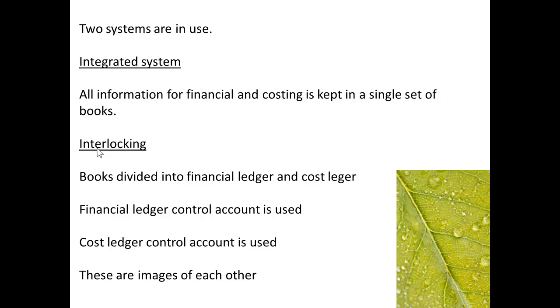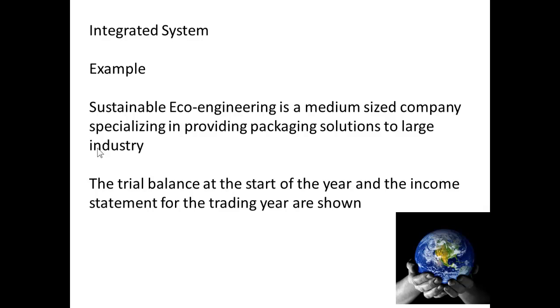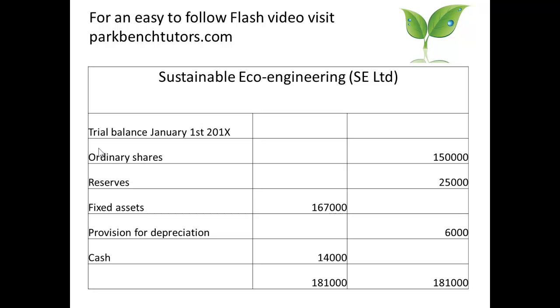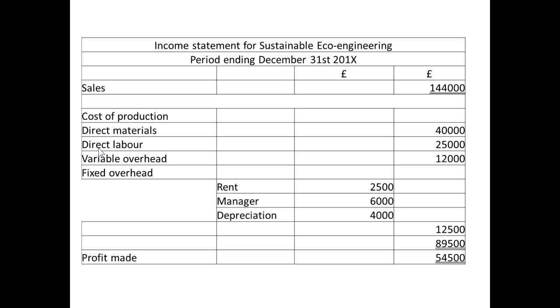The interlocking system, where we have books divided into a financial ledger and a cost ledger, is the subject of this podcast. So let's look at the system for an integrated system with sustainable engineering. We have details from their trial balance at the start of the year. We've lumped together quite a bit into fixed assets to simplify it. So we have ordinary shares, reserves, fixed assets, the accumulated depreciation and the cash at that point.